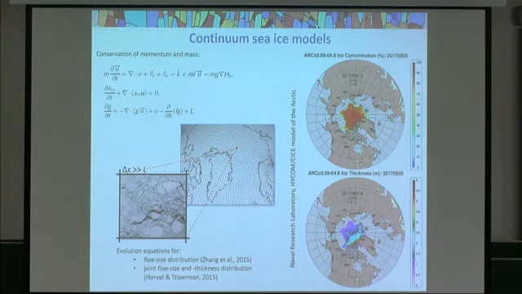Or if we have larger scale effects of those small scale processes that we have to take into account in order to obtain a valuable solution of our model. And this can be done, for example, by introducing the floe size distribution to our model in a way analogous to the ice thickness distribution, which is used for many years now.